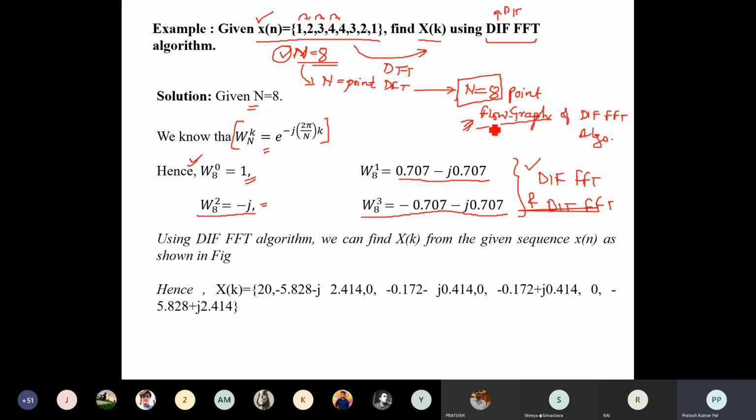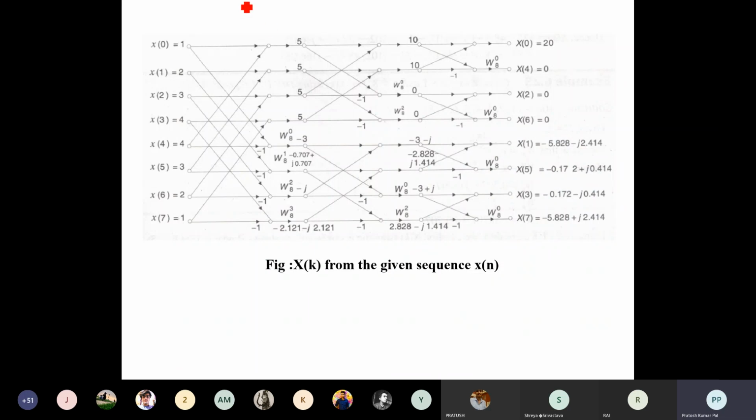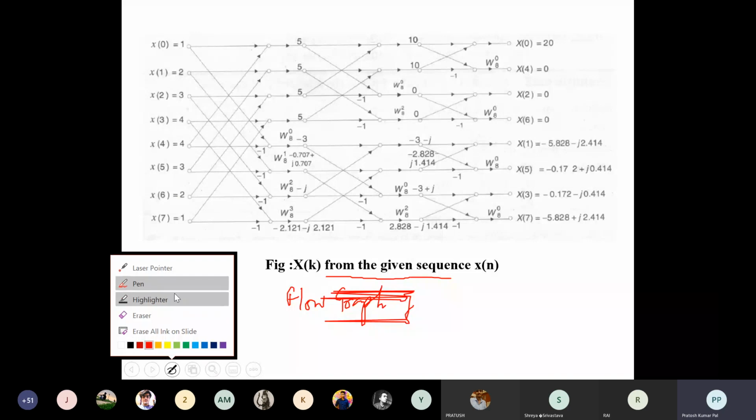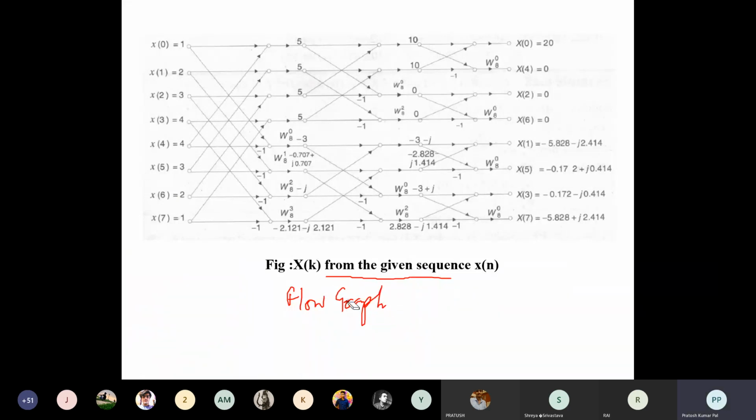This is the flow graph of the 8-point DFT using the DIF FFT algorithm.